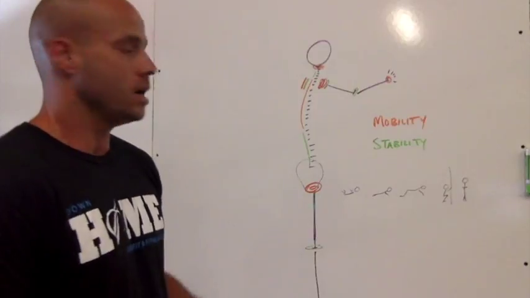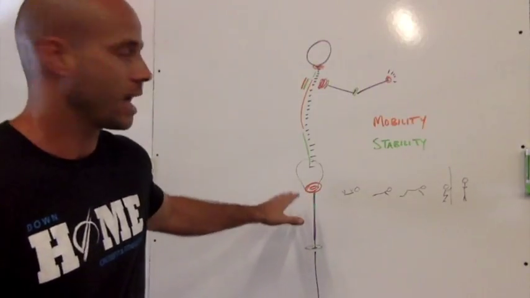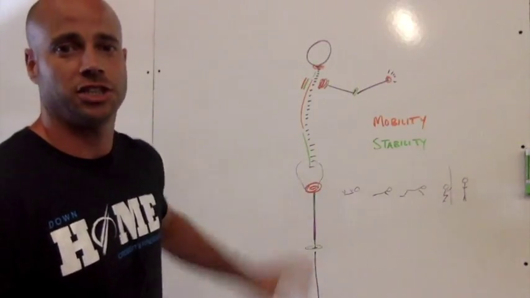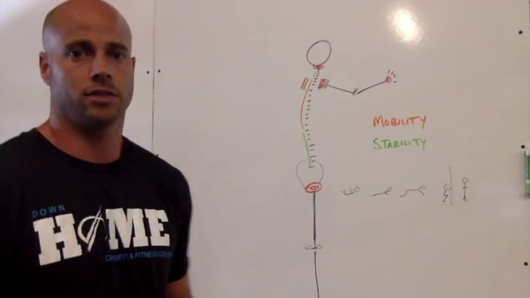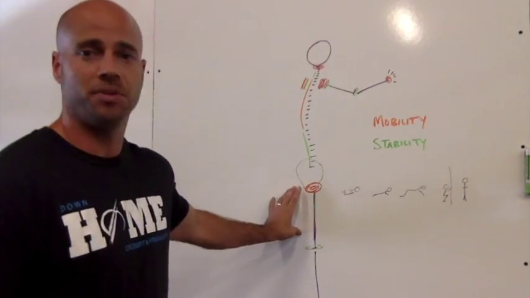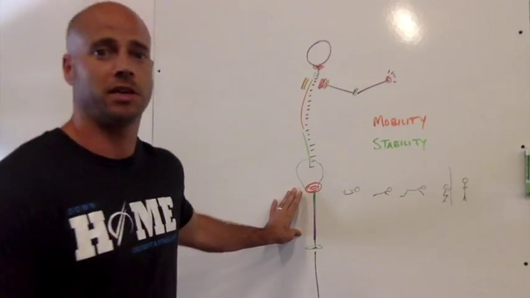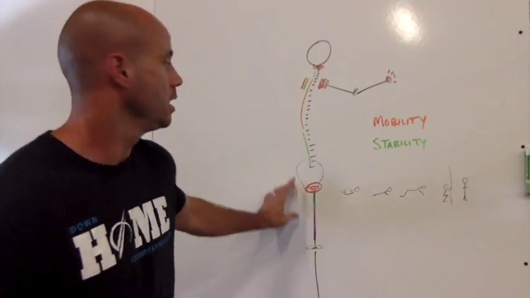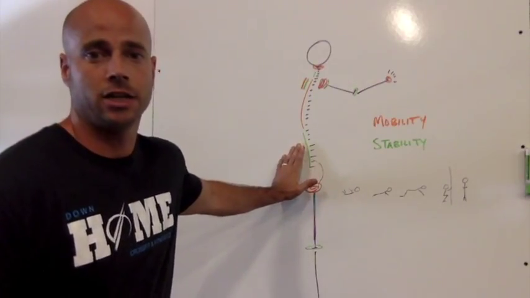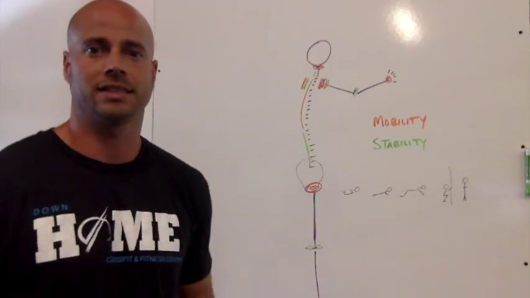Now the hip, we're going to talk about the hip in relation to the lumbar spine. The hip itself should be very mobile. It should be able to express a large degree of movement, whereas the lumbar spine should be fairly stiff, fairly stable.